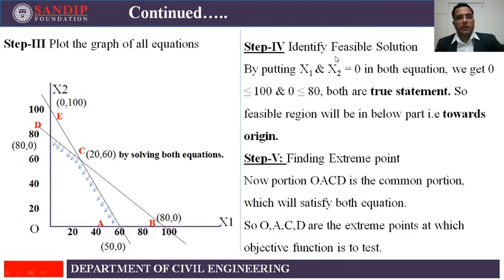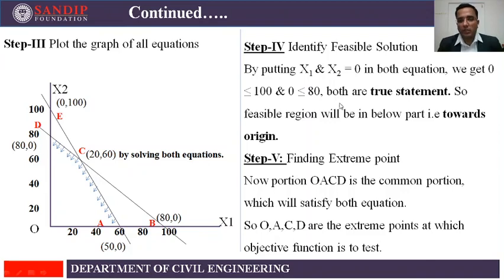By plotting the graph of the given equations, the next step is to find the feasible solution. It is very easy. The conventional method to find the feasible solution is to put both variable values as 0 in all the equations, and we will get 0 is less than 100, and in the second equation 0 is less than 80.